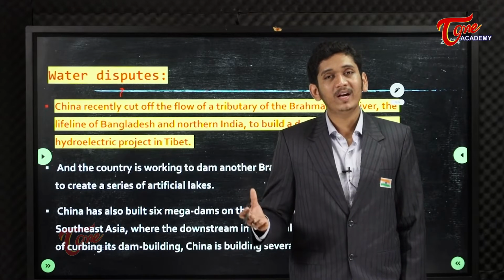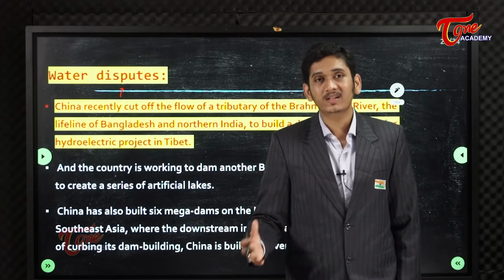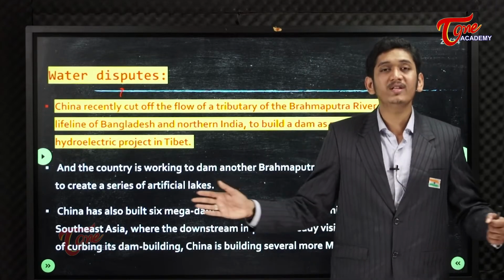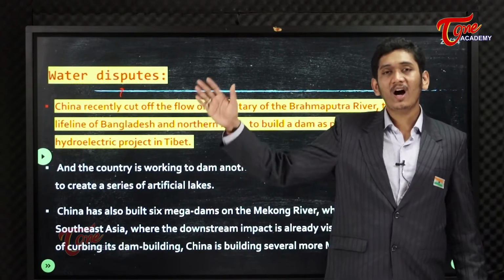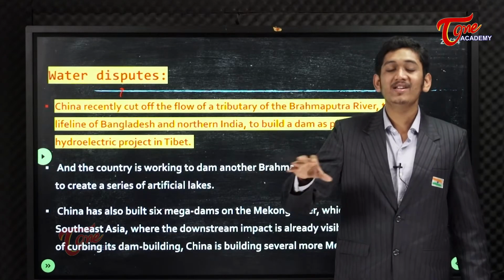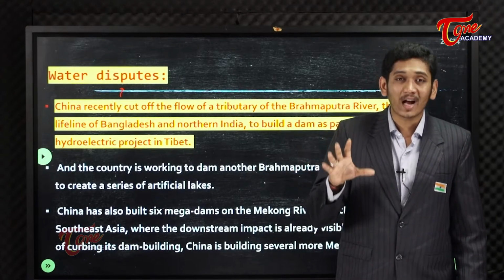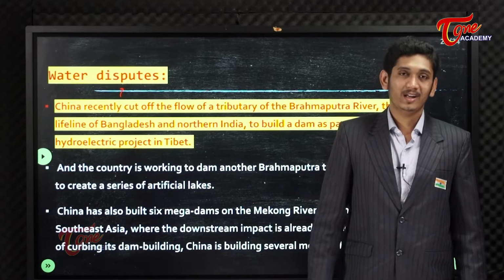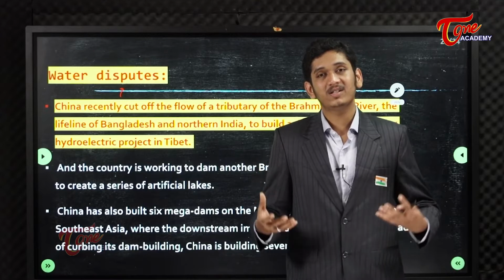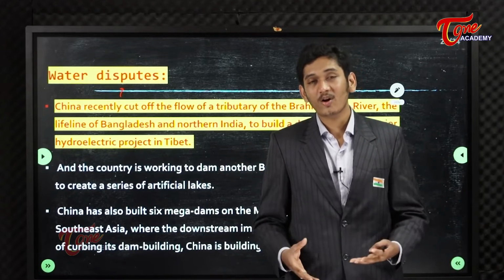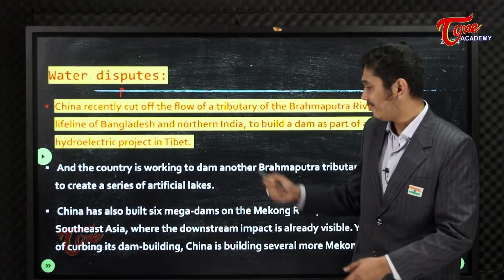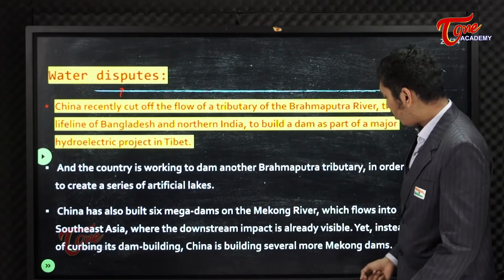Whenever it wants to cause mass destruction in India, it can simply open all these dams and release large amounts of water into the Brahmaputra, which can flood complete regions of the northeast, especially Assam, and Bangladesh. They will be under flood and there will be mass destruction of infrastructure and property, and loss of life, animals and the environment in that region. Okay, you can note all these points.